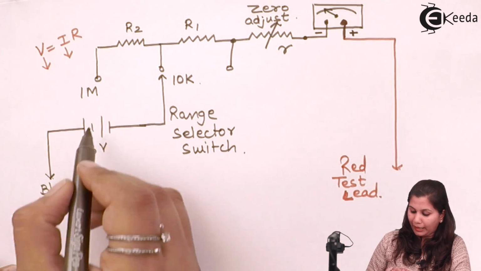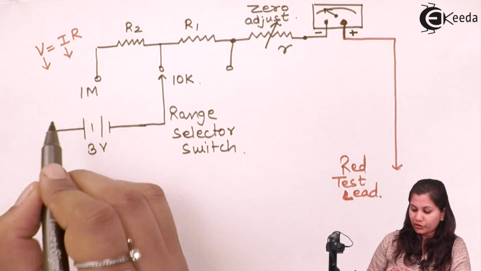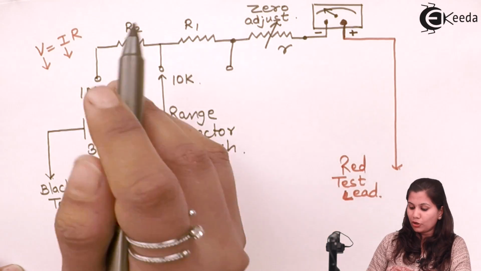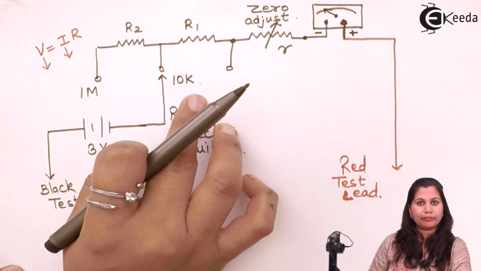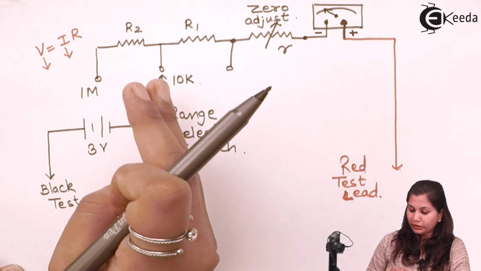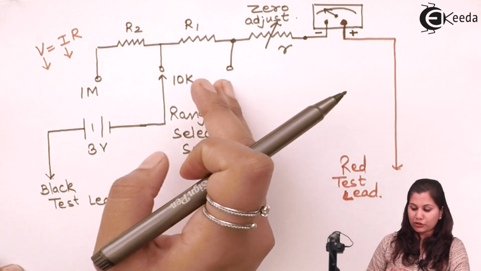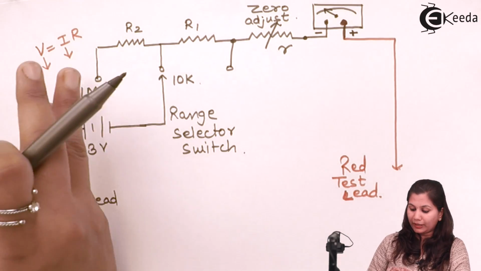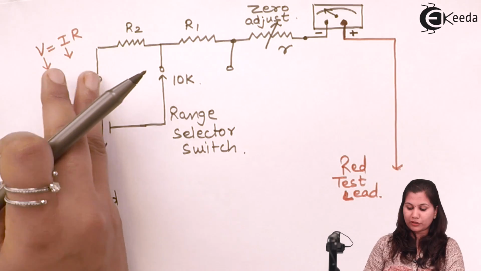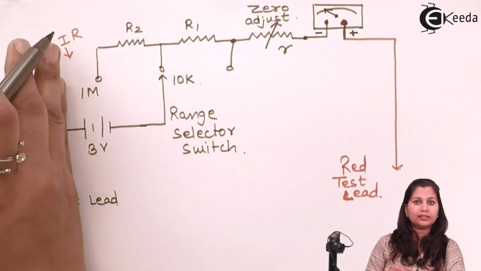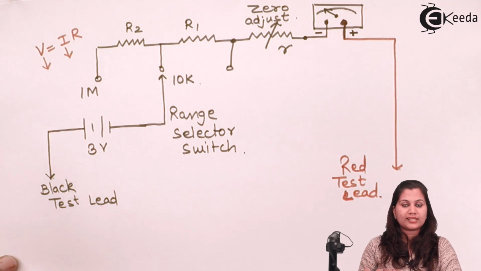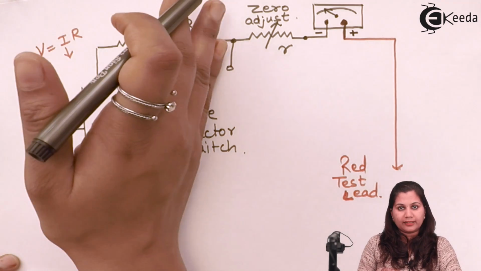Okay, so the battery is providing us the voltage, current is limited by these fixed resistances, so with that resistance can be measured. For 10 kilo ohm resistance measurement, the range selector switch is kept at this position. For 1 mega ohm resistance measurement, the range selector switch is kept at this position. So according to that, current and voltages are varied in the circuit.